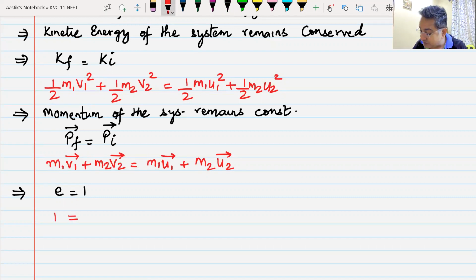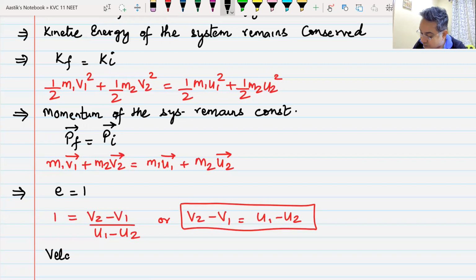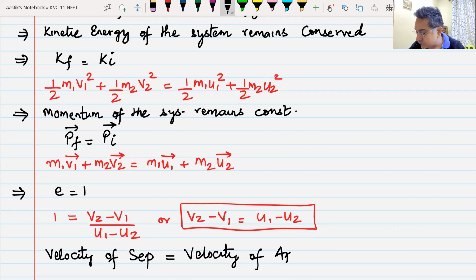Now, that means 1 will be equal to V2 minus V1 divided by U1 minus U2, or you can say V2 minus V1 will be equal to U1 minus U2, or you can say velocity of separation will be equal to velocity of approach.